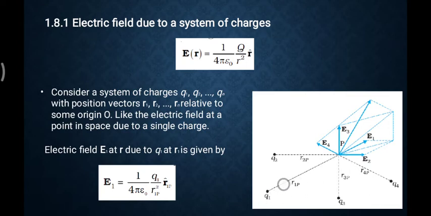This is E1, this is E2, this is E3. They have all directions, but we are taking those toward our observation point. So E4 and all these vectors are summed, and the resultant will be dominating. This is called the system of electric field.